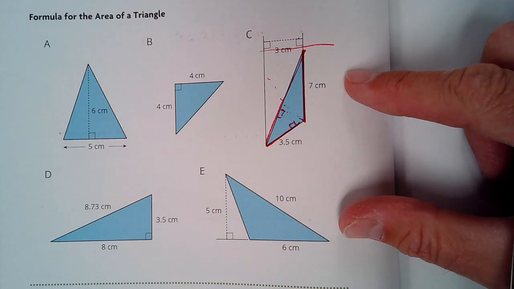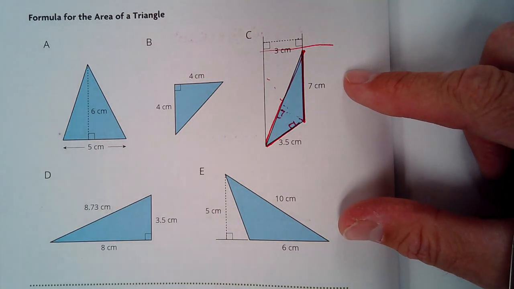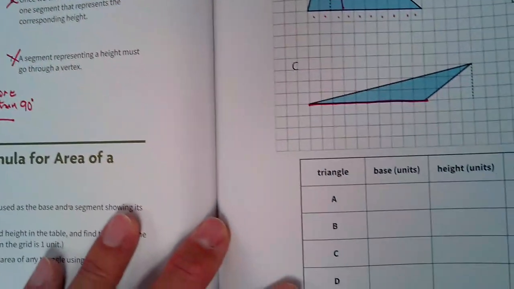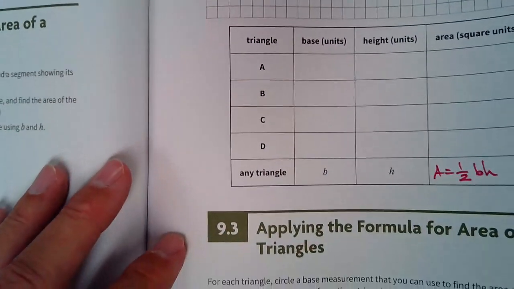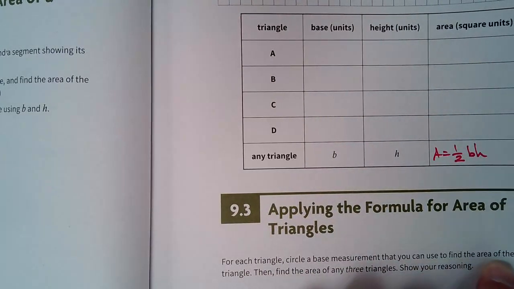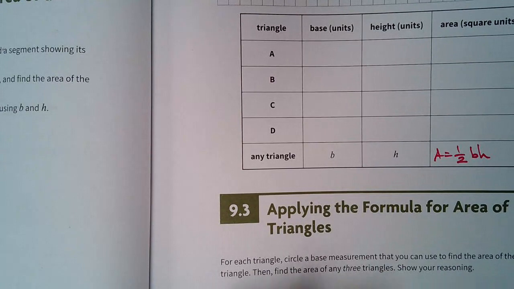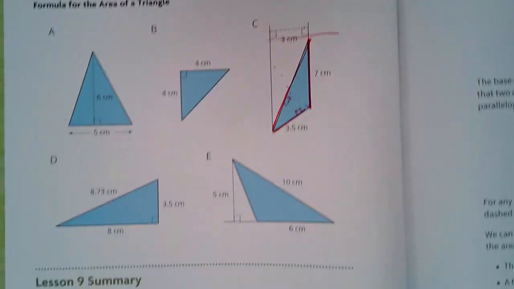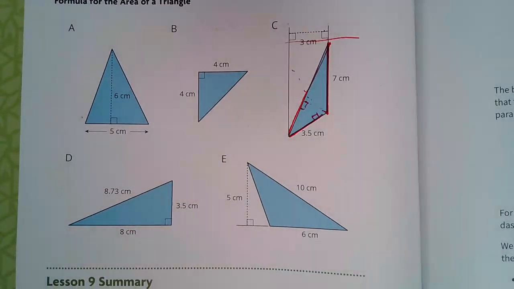What's that, honey? Are we supposed to find the area of these triangles? 3 of them. It says at the bottom of page 77, for each triangle, circle a base measurement that you can use to find the area. Then find the area of any 3 triangles. Now, this is one of the things I don't like about this curriculum.